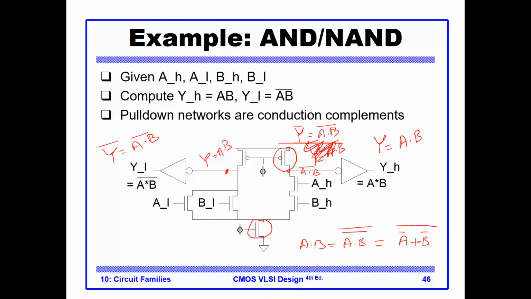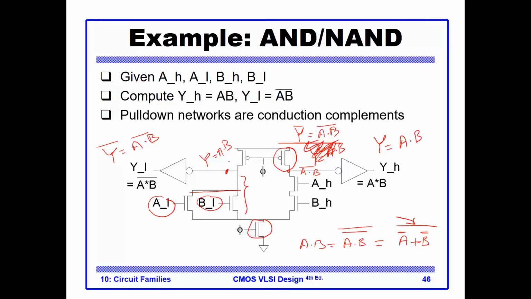So this inversion comes for free because we are designing a stack of NMOS transistors. So that's good. But then I have to have this A prime or B prime, and this is what I'm doing here: A prime or B prime.